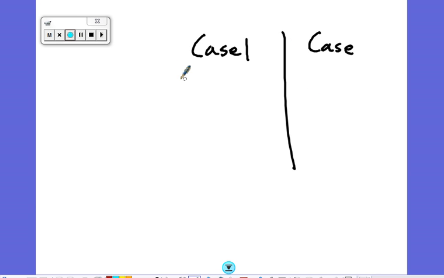All right, so these boxes take this format. Case 1, case 2. By case, I'm talking about situation 1, situation 2, not briefcase, bookcase. Say you were carrying around 6 books.